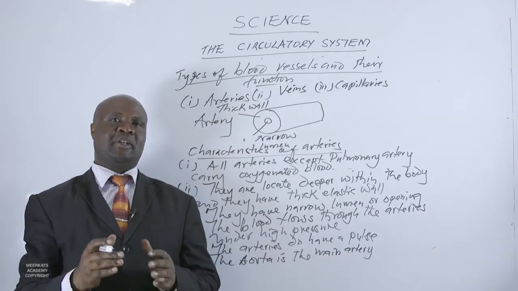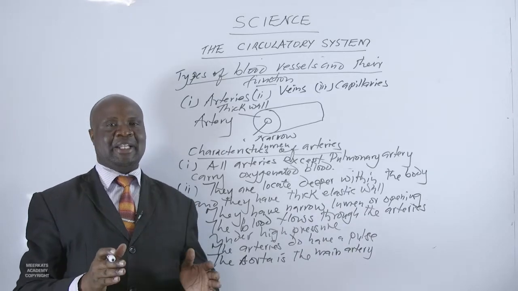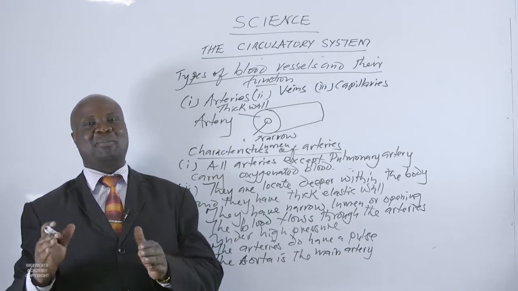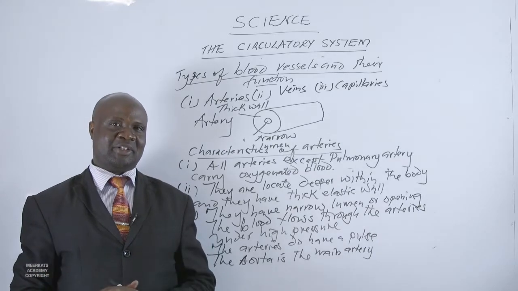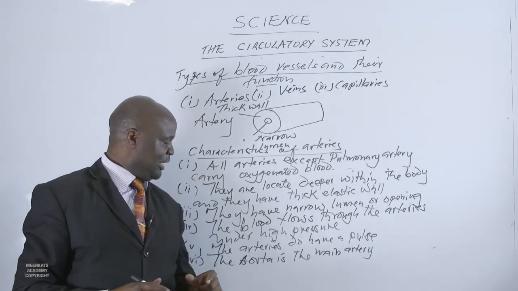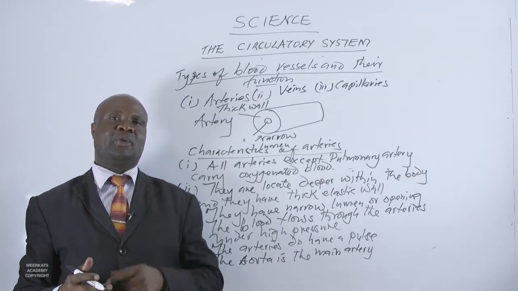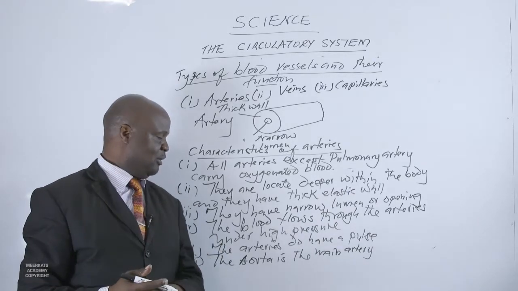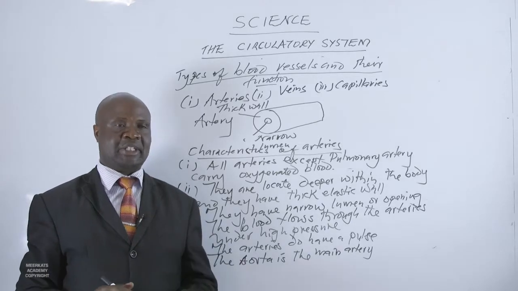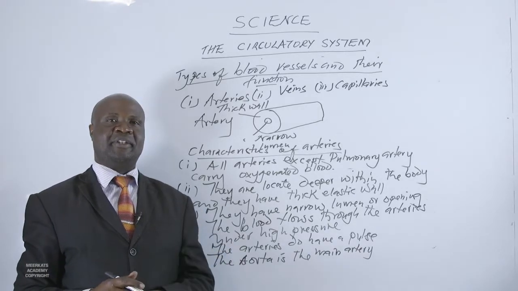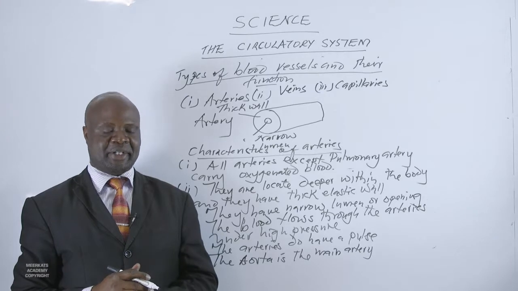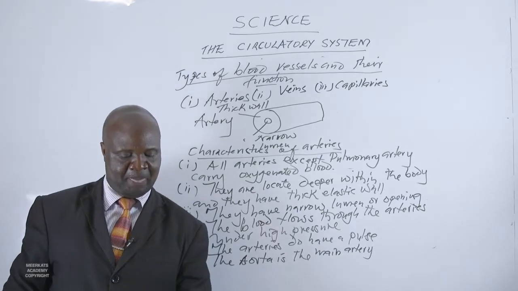We shall see the aorta is located at the heart. It's the one that pumps blood to different areas of the body. We call it the aorta, the main artery. When we are drawing the heart, we shall see especially where the aorta is located.